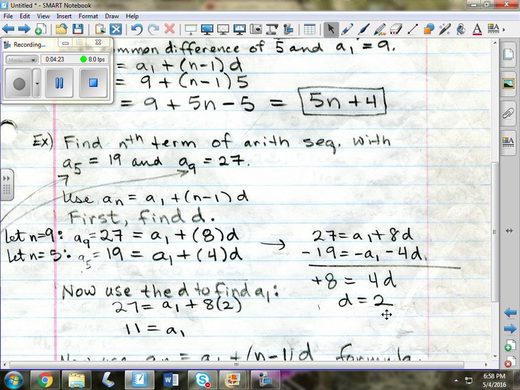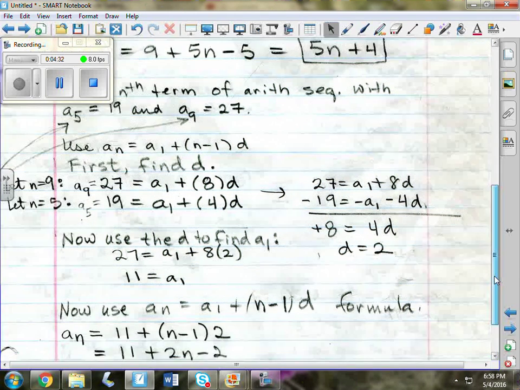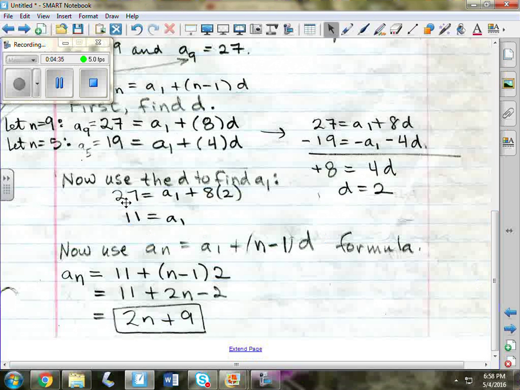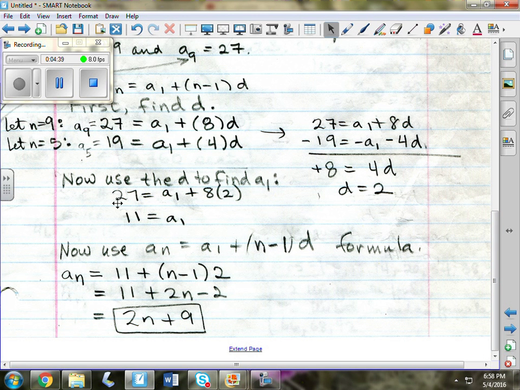Now we're going to use that d to actually find a sub 1 because we have two later terms and we'd like to know what a sub 1 is. So I'm just going to use this equation here, and I'm going to say that 27 is a sub 1 plus 8 times 2. So I'm taking the d that I found and substituting it into this equation.